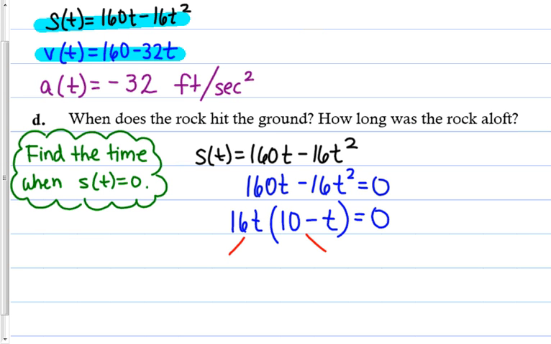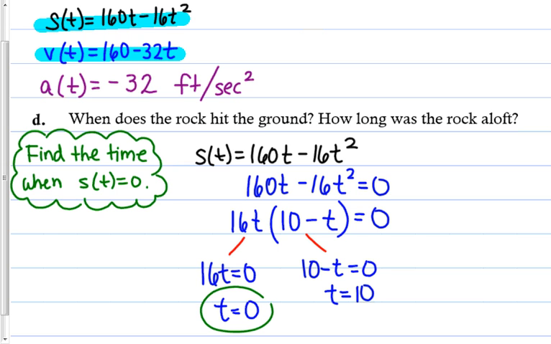Then I do the zero product property. Something times something equals 0. One of these must be 0, so we make them both equal 0 and figure out what they are. So 10 minus t equals 0. So basically I get t equals 10. And then on this side I get t equals 0.